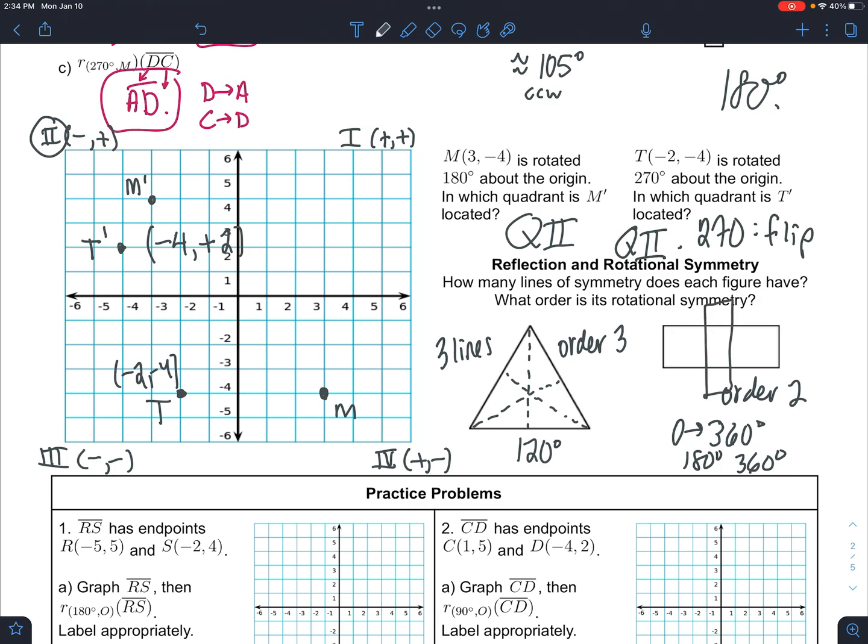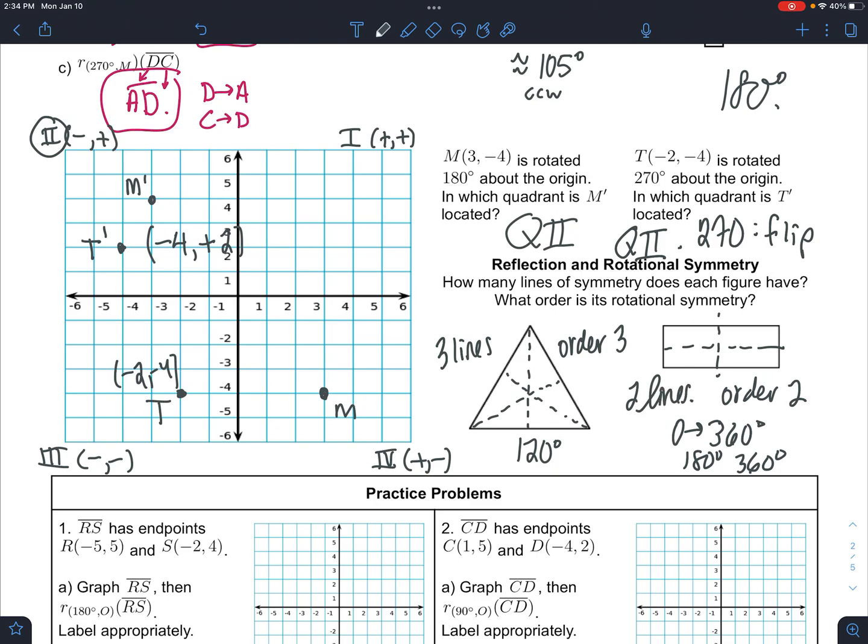So again, imagine rotating this rectangle. 90 degrees would be here, 180 would be back, and then 270 would be back here, and then 360 would be returning to the original again. I won't test you on rotational symmetry, but that's how we describe it. Lines of symmetry of the rectangle, you could fold it in half like this or like this. So there are 2 lines.